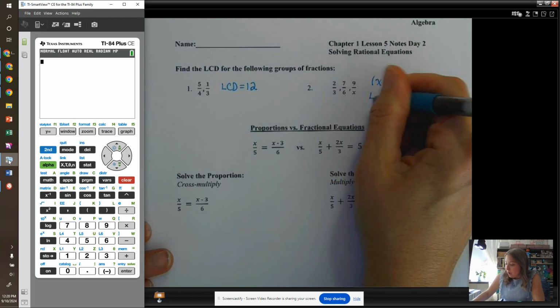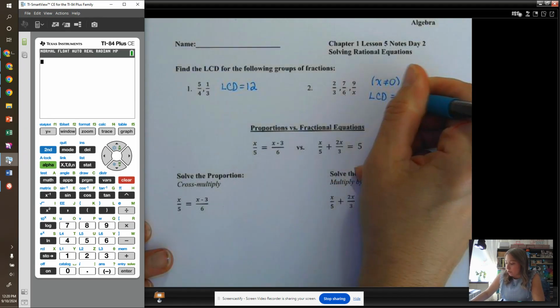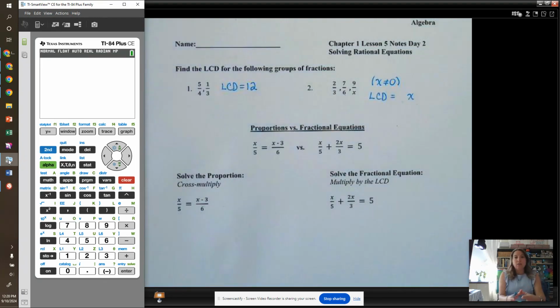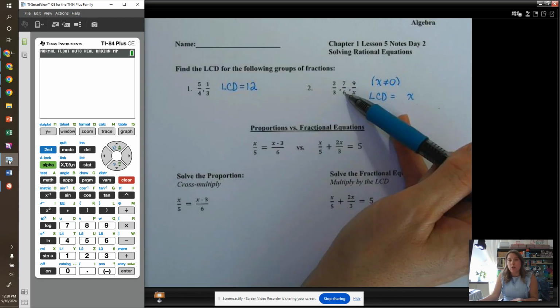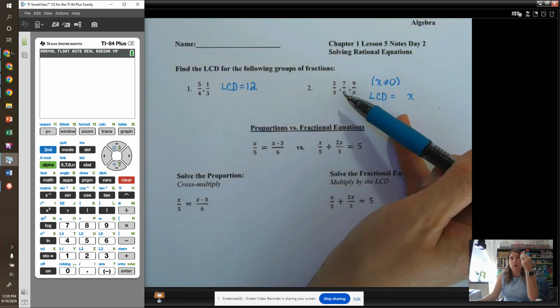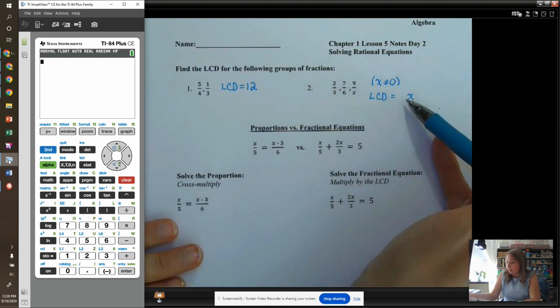Now, that means that we think about the other two numbers and we think about what they both multiply to become. And so 3 can multiply to become 6. Right? So always look at that biggest value and see, okay, can the other one multiply to become that? Yes, that is the LCD.